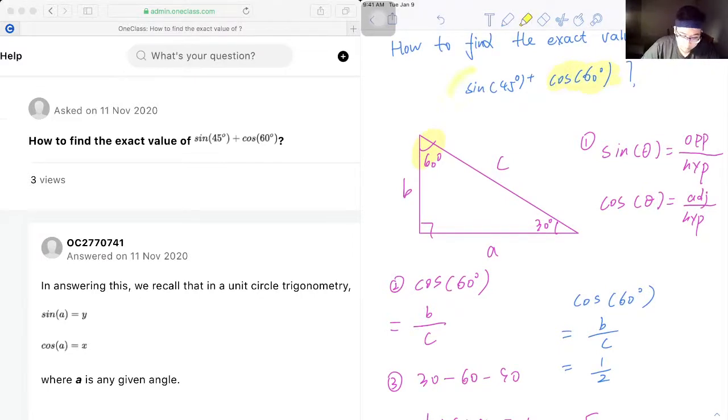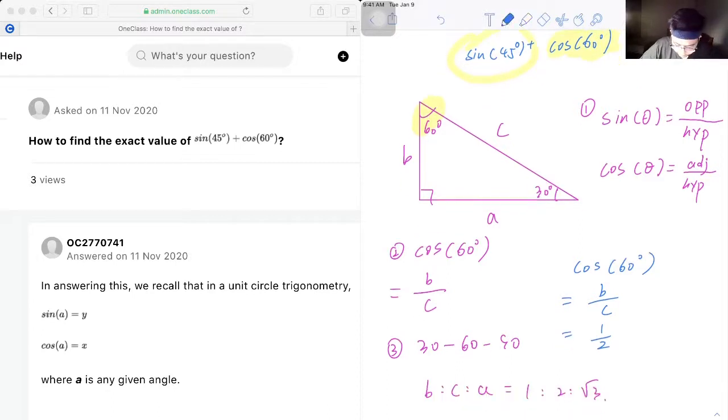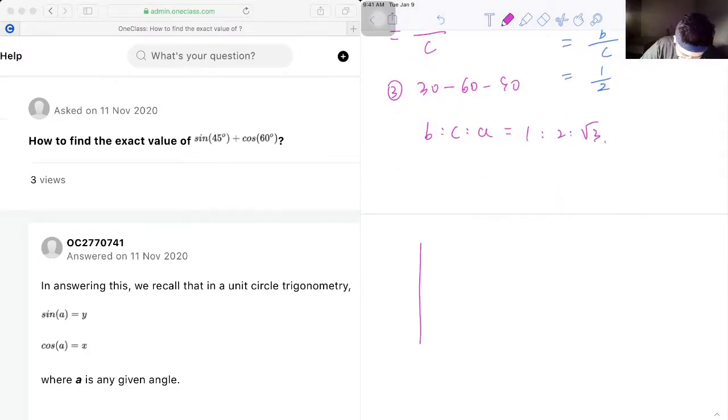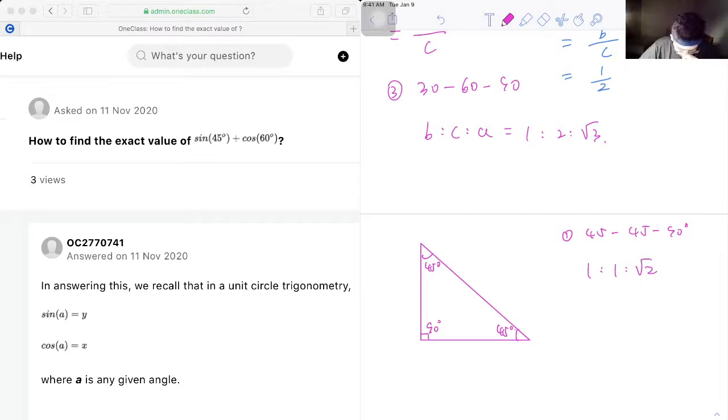So now we only need to focus on sine 45. Let's draw another right triangle with 90 degrees, 45 degrees, and 45 degrees. Remember, if we're given a 45, 45, 90 triangle, its sides follow the ratio 1, 1, and root 2. Let's say still ABC.